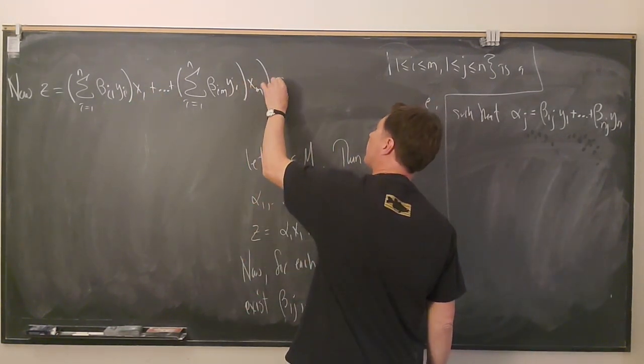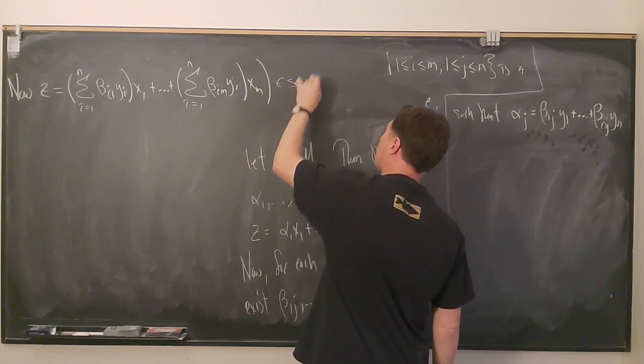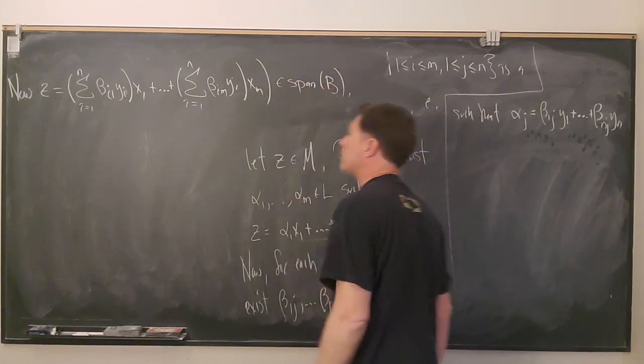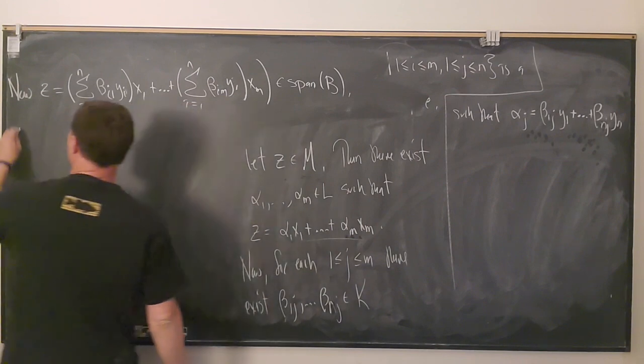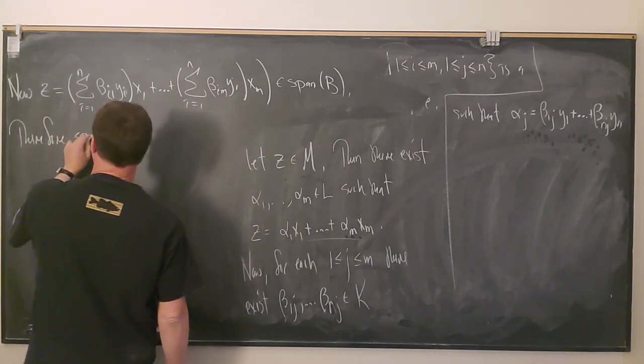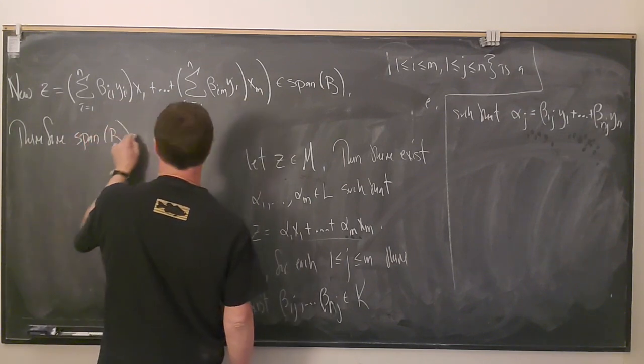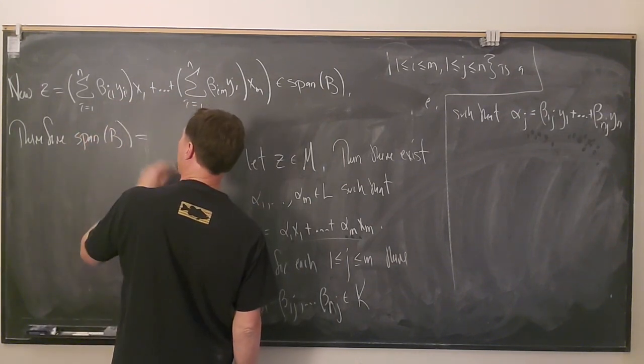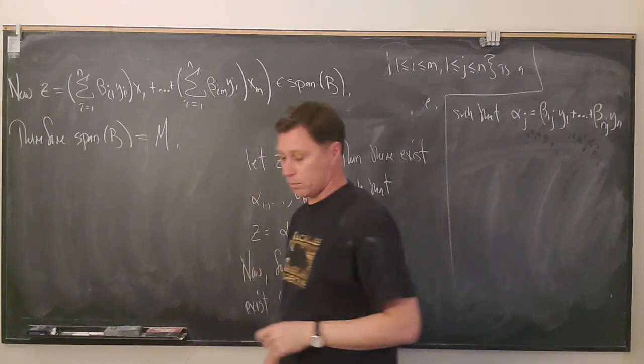This is definitely in the span of B, and so therefore, the span of B is equal to M, capital M.